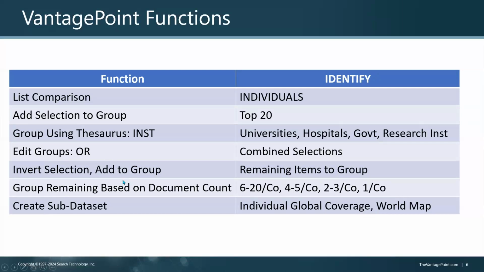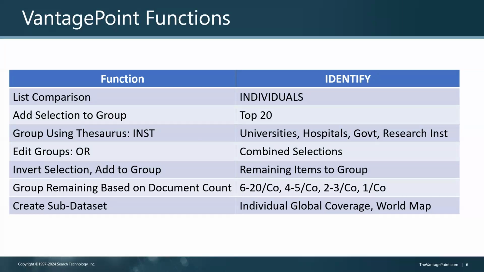And we're going to invert selections to really look at those other documents and break them apart into different groups, such as companies that have 6 to 20 documents each, or companies that have 4 to 5, and so forth, and keeping those smaller players, the companies that have only one.